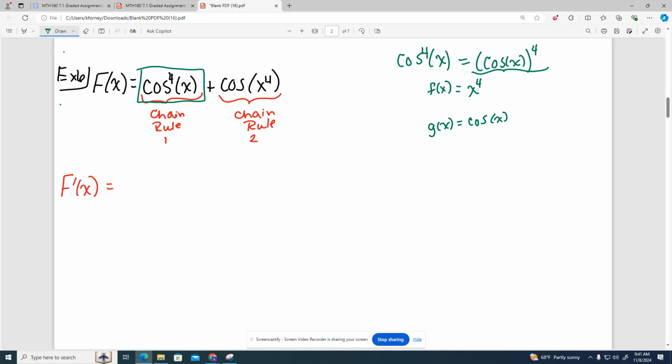So, the derivative here would be 4x cubed. And what is the derivative of cosine?